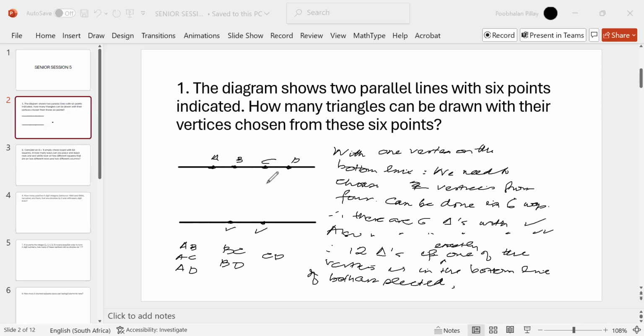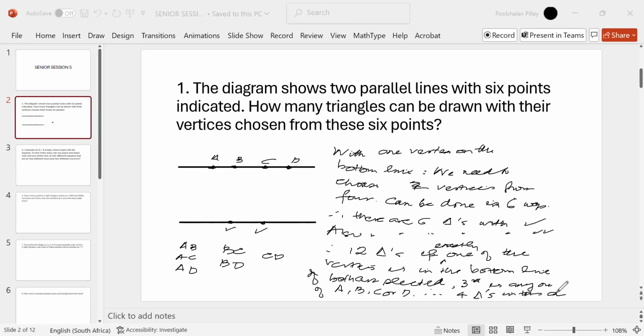Okay, now you have to choose the third one. The third one could be any one of A, B, C, or D. Okay, so it means you could have four triangles in this case.